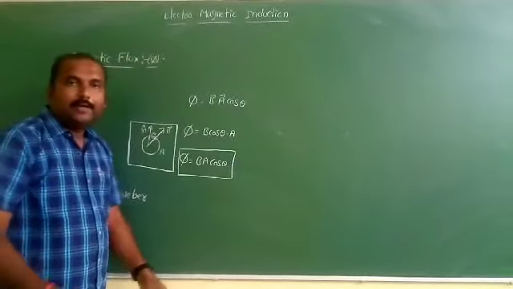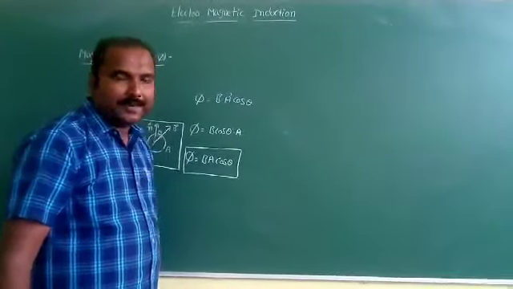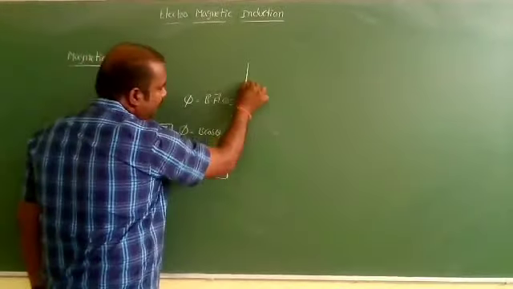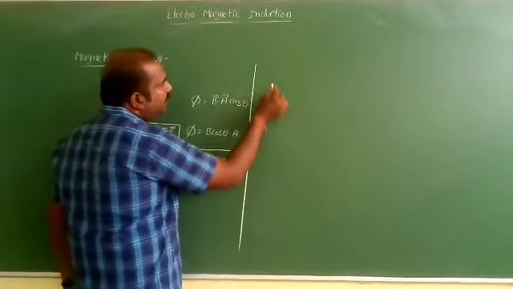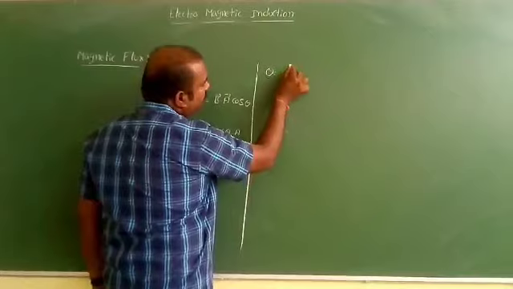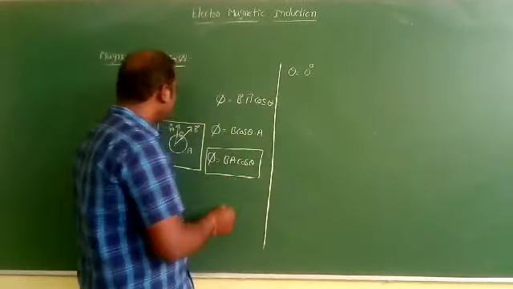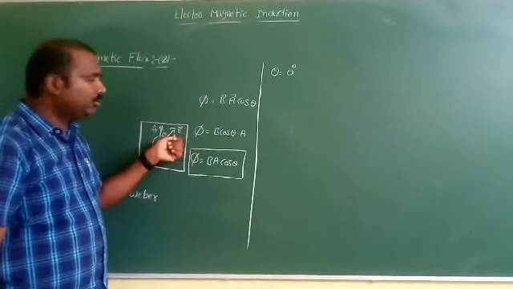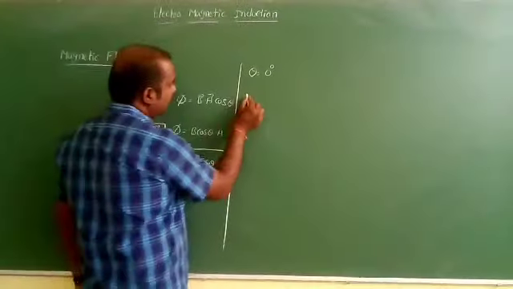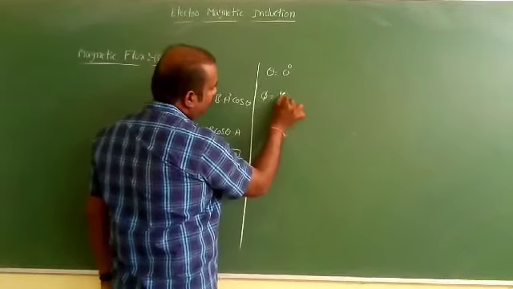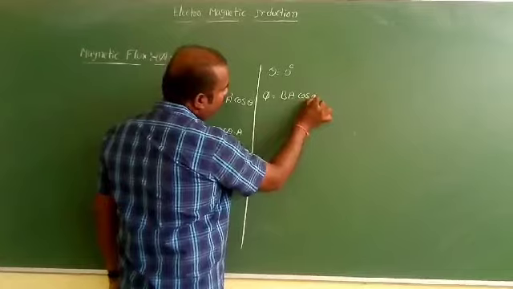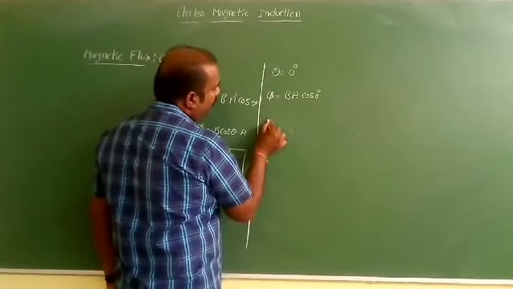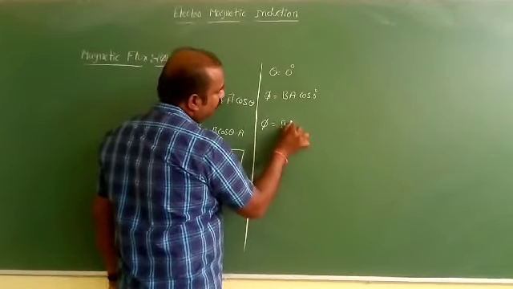Next, when is the flux passing through the surface maximum, and when is it minimum? Suppose theta is equal to 0 degrees, that is, the unit vector and field are both parallel. In such a case, phi is equal to BA cos 0, cos 0 is 1, so flux is equal to BA.